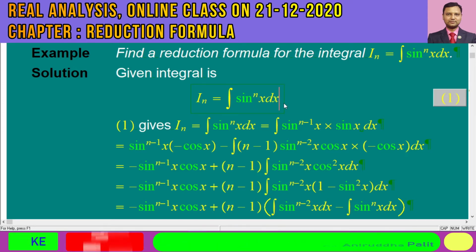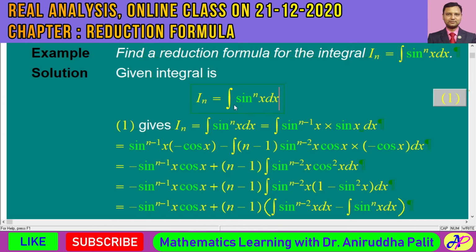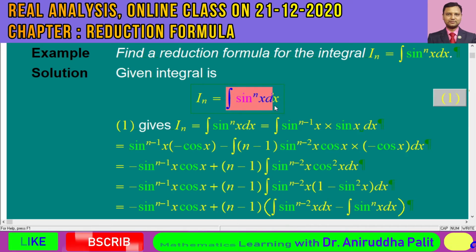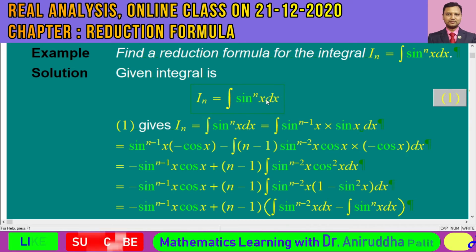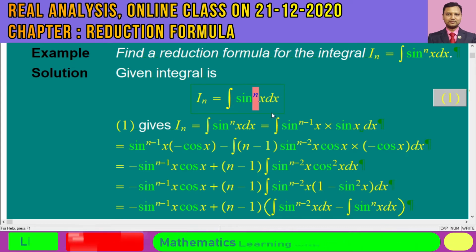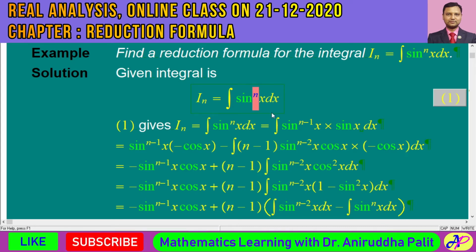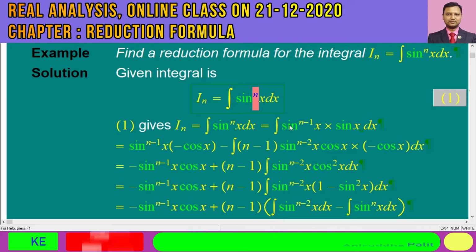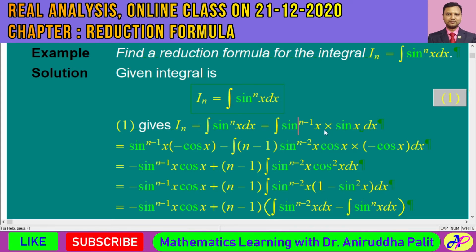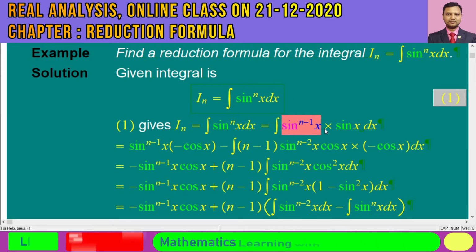So now what do we need to do? We need to convert this integral into an integral having a smaller index. So what we are doing over here? We are separating one sine x, and sine to the power of n minus 1 x is there.